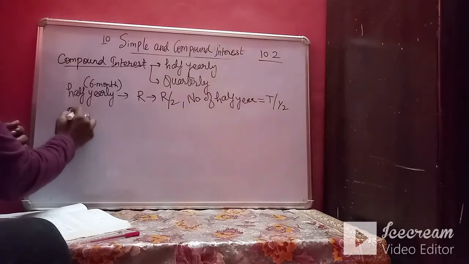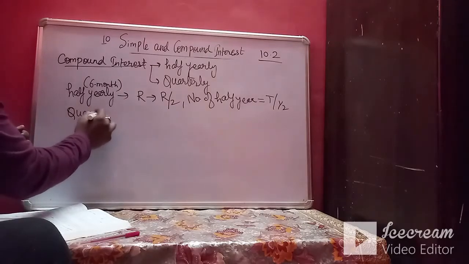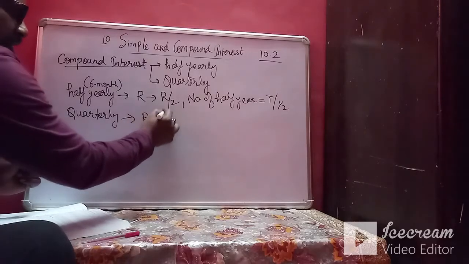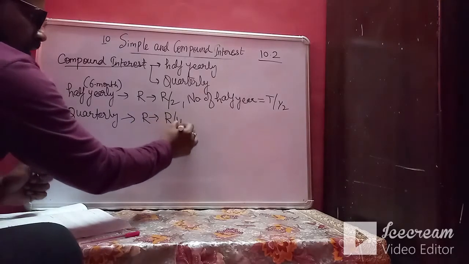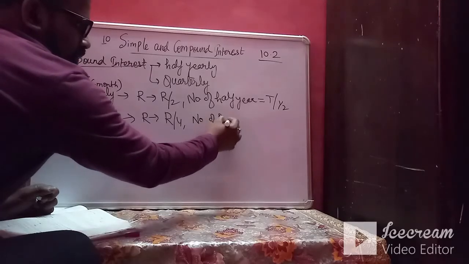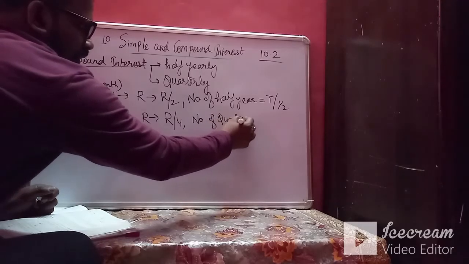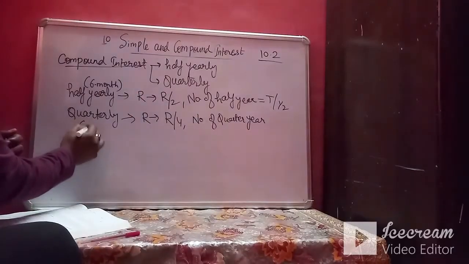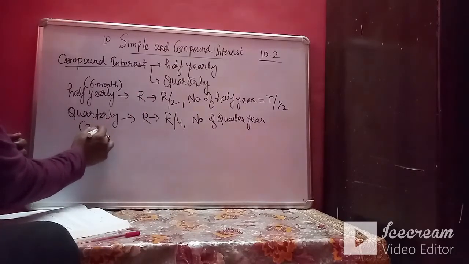Then we have to calculate for quarterly. We will divide rate by 4 and in this we have to calculate number of quarter year. So what we know about quarterly? 1 quarter means 3 months.